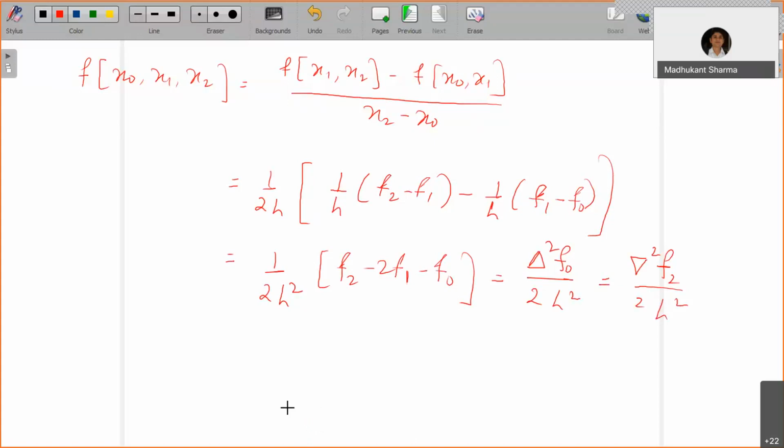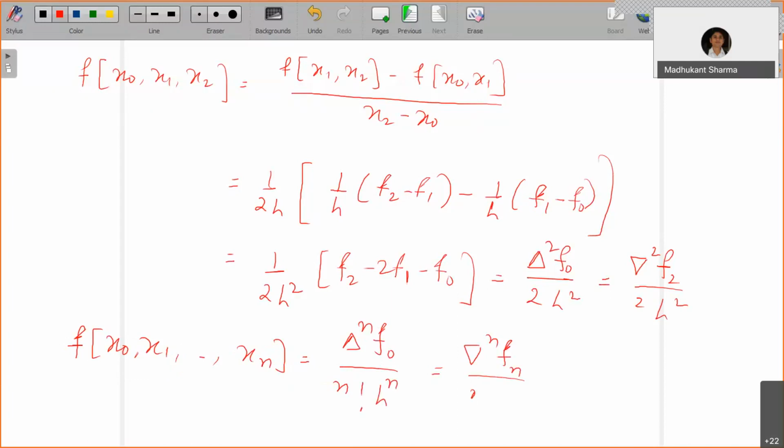Similarly, you can generalize this in the following way. You can write the nth order divided difference as equal to the nth forward difference at f0, or the nth backward difference at fn, divided by n factorial times h to the power n.